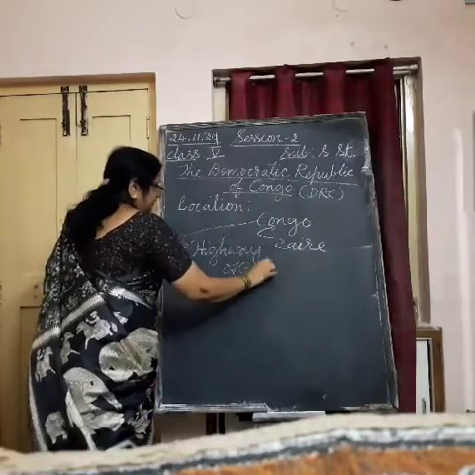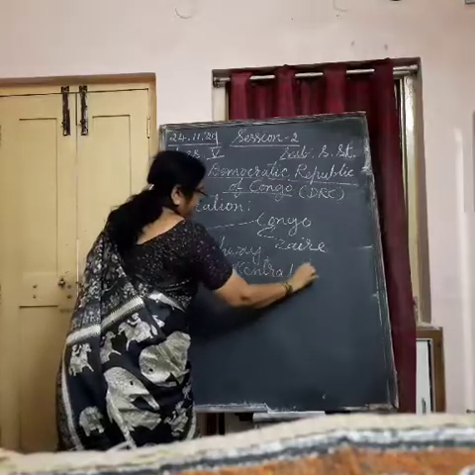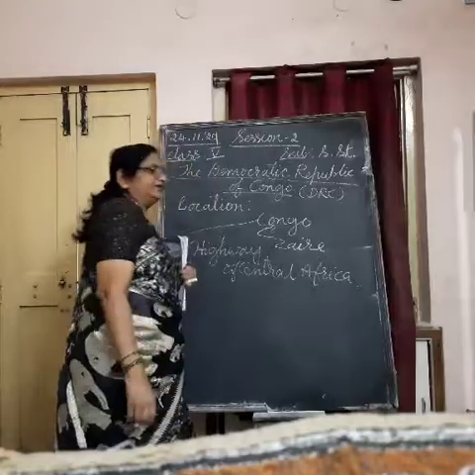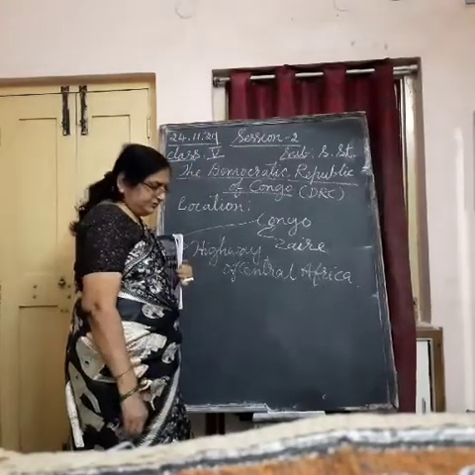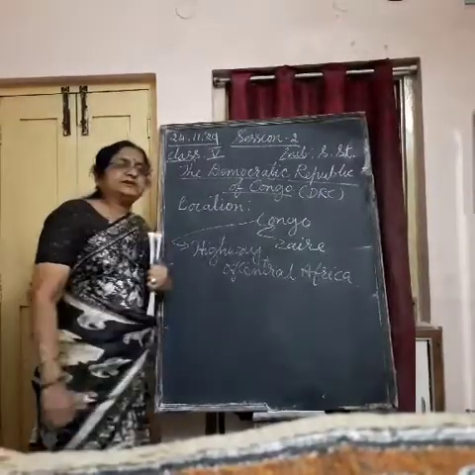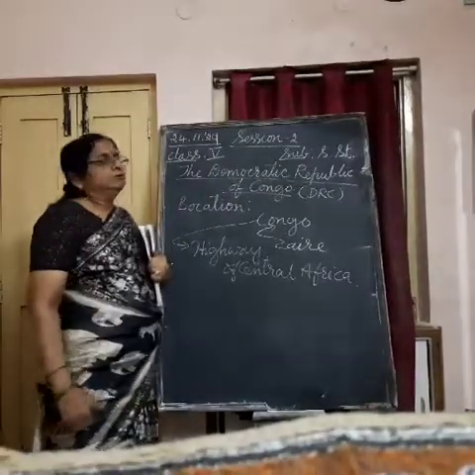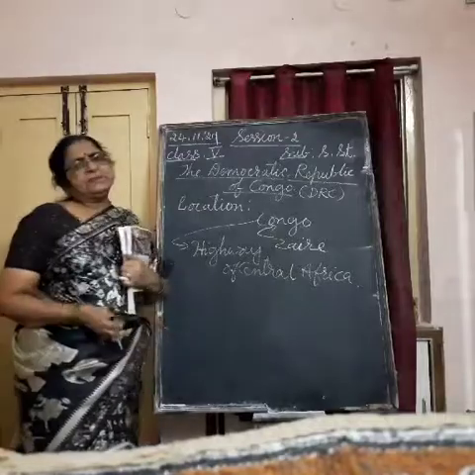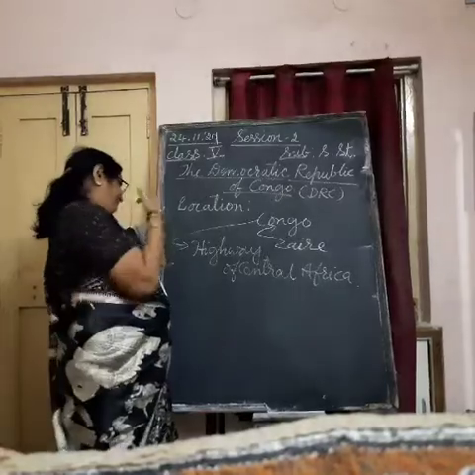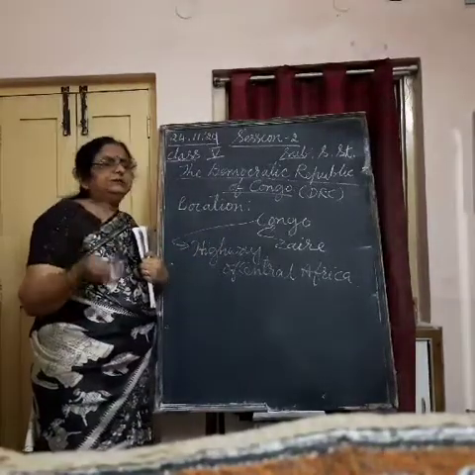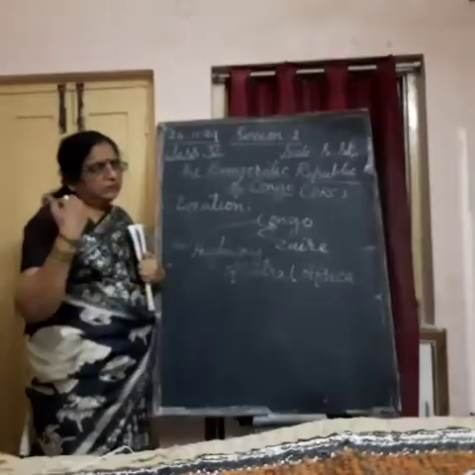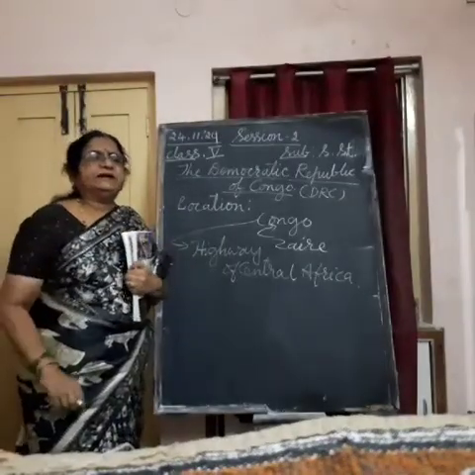Highway of Central Africa. Okay. Why is it known as the highway of Central Africa? A highway is a broad road which is used for transportation actually. But why is it known as the highway of Central Africa? Because of the extreme type of climate of equatorial region, in DRC they cannot lay any big roads and all. Land is always damp and wet.